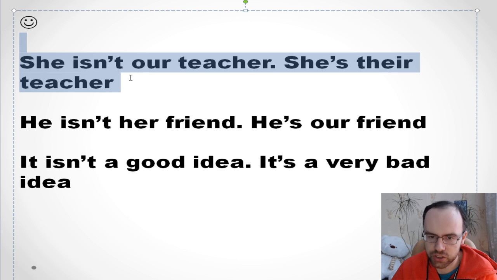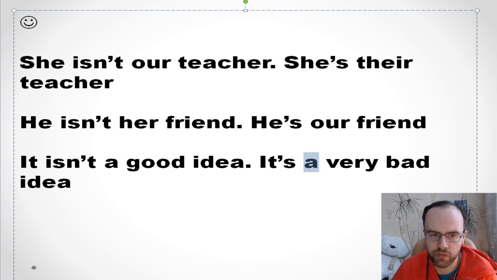She is their teacher. He isn't your friend. He is our friend. It isn't a good idea. It's a very bad idea. So you know that we put an article before very if we have a noun after it, yeah? It's a very bad idea.